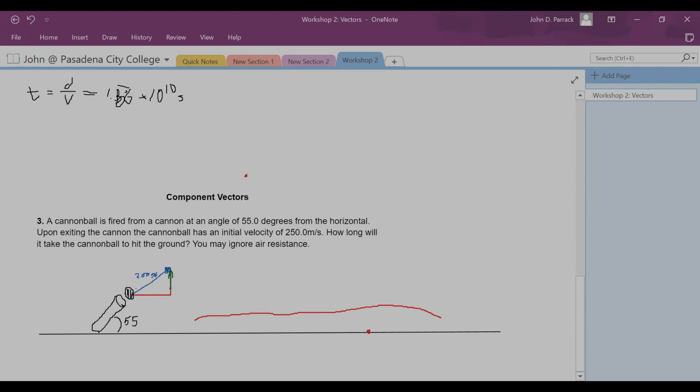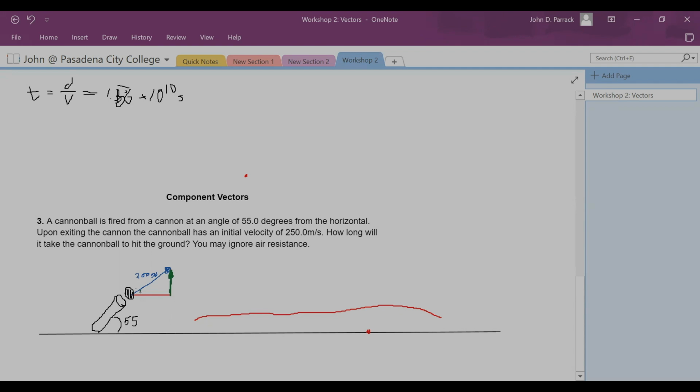This green vector right here. Right? Because the only thing that determines how long something takes to hit the ground, at least if you're not at like an orbital speed, is how fast you're traveling in the upwards direction, how long it takes for gravity to pull you back down to the earth.